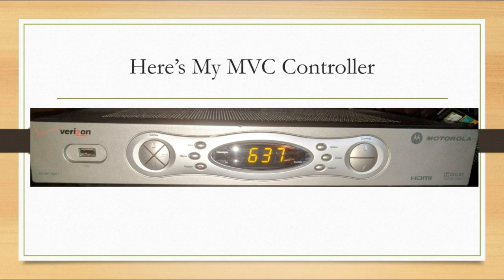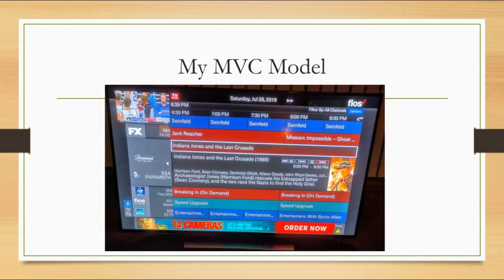So next, let's look at the model. Here is my MVC model. Now my controller, using my input device, I can choose to look at various content, and my controller finds the content, in this case the model, which is any kind of programming.